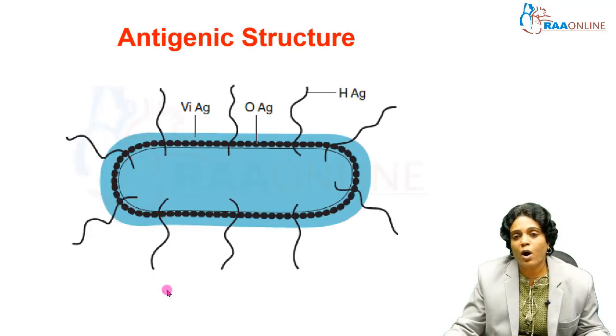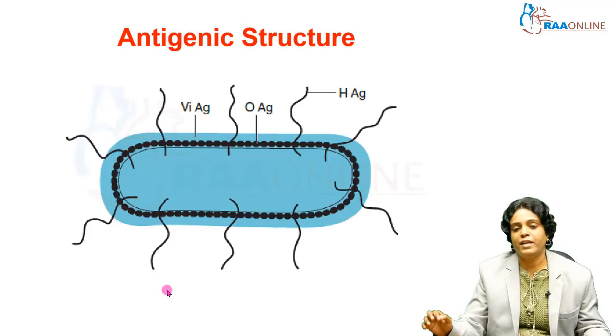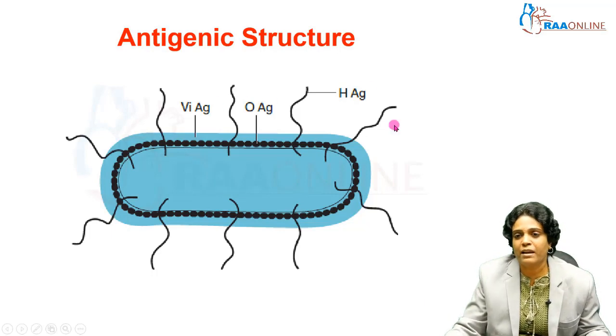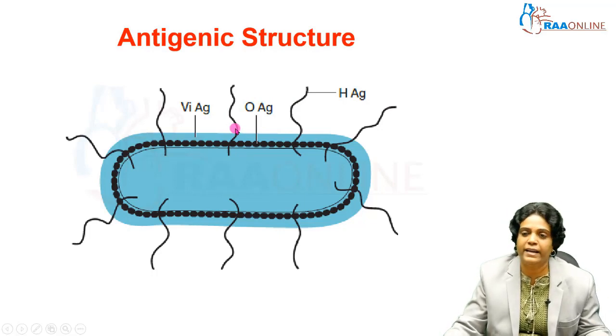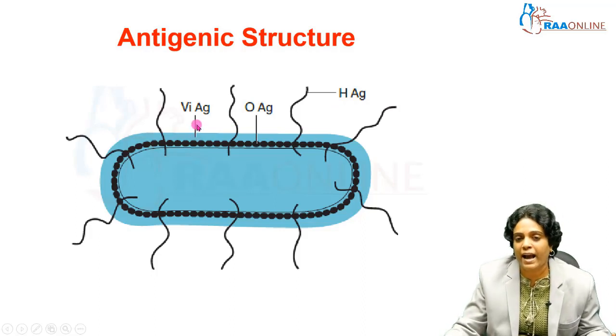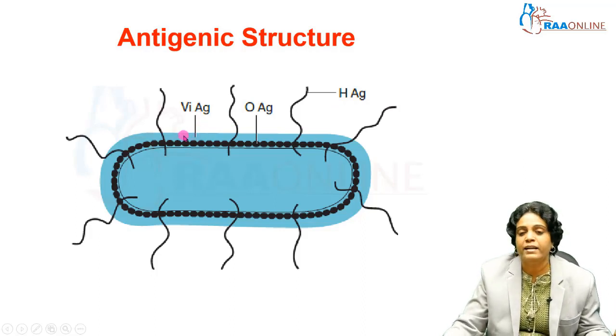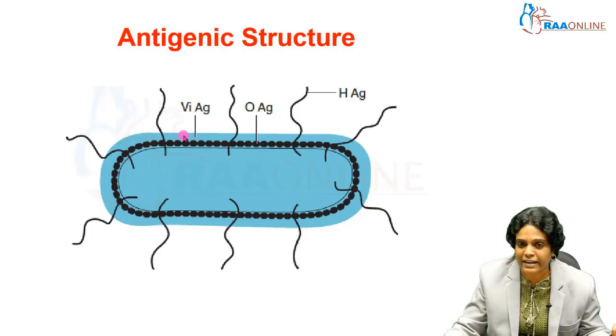Now let's move on to the antigenic structure of Salmonella. It has three important antigens. One is the O antigen, called the somatic antigen. The second is the flagellar antigen, the H antigen. And then we have the Vi antigen, called the envelope antigen, which is a polysaccharide antigen.